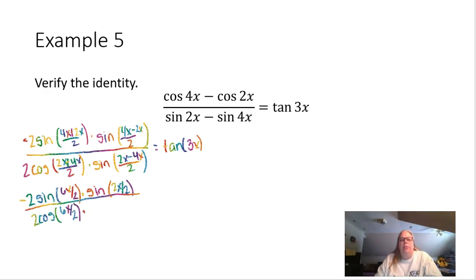And then over here, 2x minus 4x, that's going to be negative 2x over 2. And we want this to be equal to the tangent.